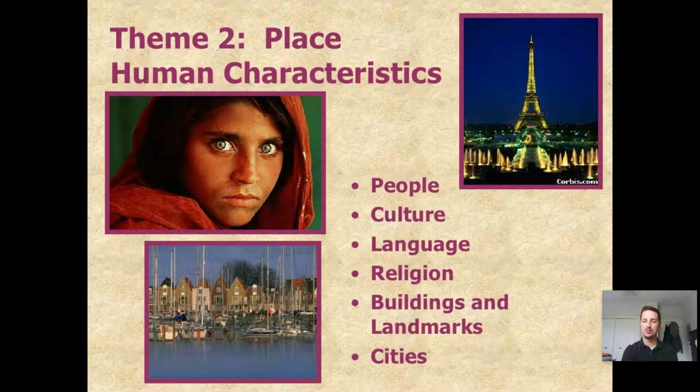Theme number 2, when we're talking about place, is the human characteristics of a place. So we talked about the physical characteristics of a place. Now we're going to talk about human. When you're talking about human characteristics, you're talking about the people of a place and their culture, their language, their religion, their buildings and landmarks, their cities, all the sort of stuff that make their place unique to them.